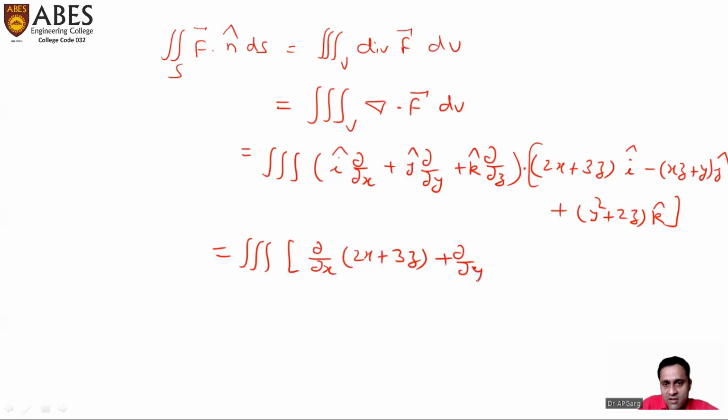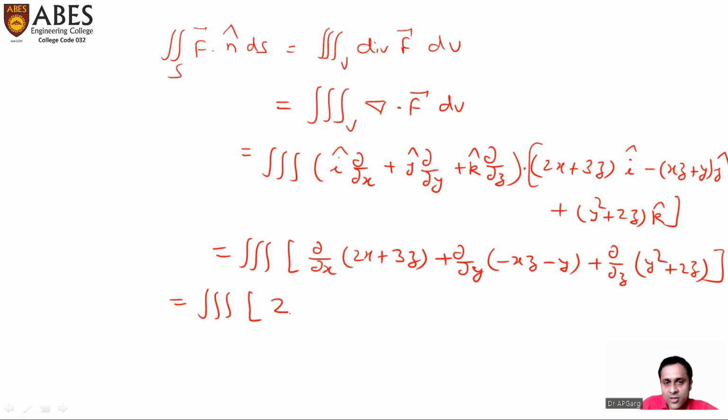plus del upon del y of (minus xz minus y) plus del upon del z of (y square plus 2z). So we have the partial derivative of 2x plus 3z with respect to x, which will obviously be 2. Similarly, for the next derivative, del by del y, we have minus 1.